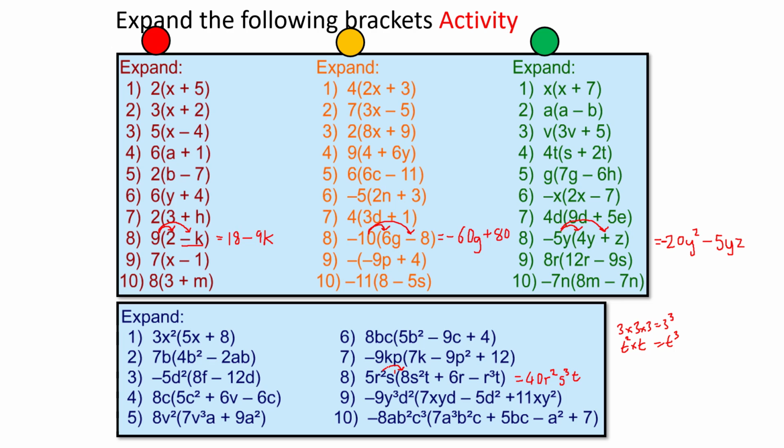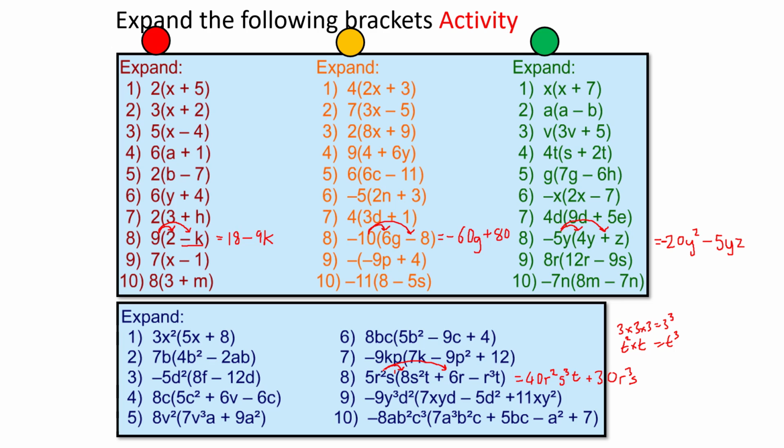Now this has just got 3 terms in it. You don't really get questions like blue, it's just extra practice so you get good. So you've got 5 times 6 is plus 30. Now you've got the r squared times r, so you're going to get r cubed, and you've just got the s on its own.